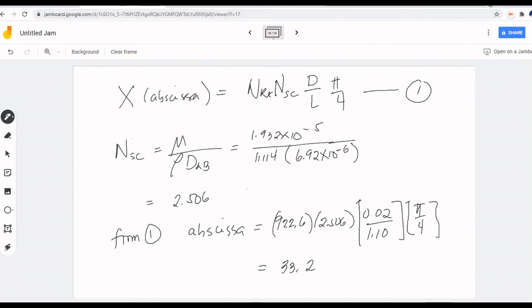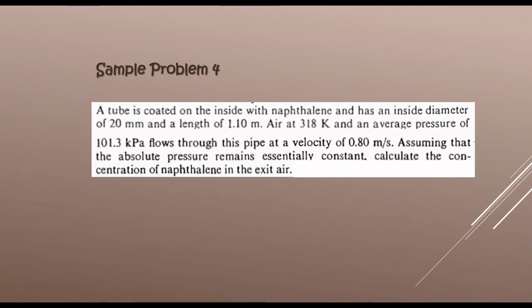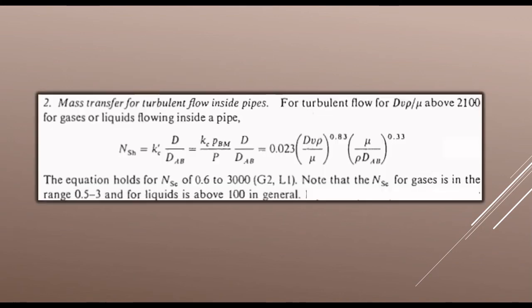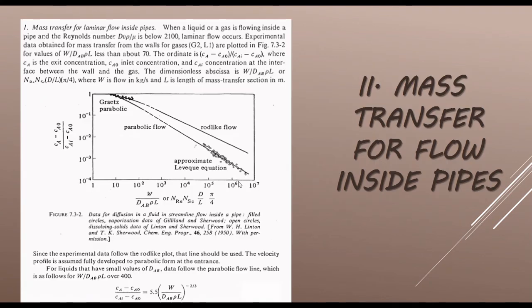Now, if we go back to our graph, I'd like to show to you the graph for laminar flow. This is the graph, and we have already determined the abscissa. The value of it is 33.02, and we are to project from that particular value of 33.0 up to the rod-like flow, this particular curve.